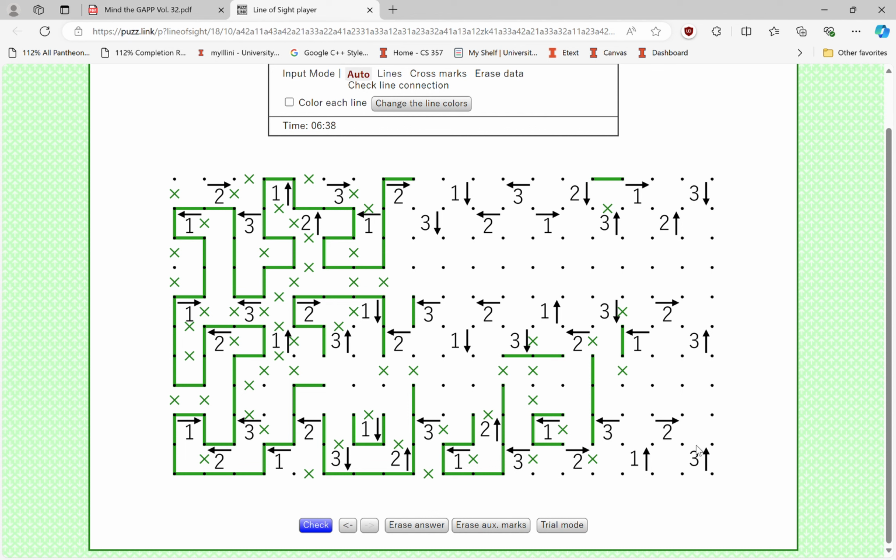Let's see. This one can't be part of a line because for it to be a 3 it'd have to interfere with the 1, so it must be higher than that. Other than that, I'm not sure what else I can do at the moment.